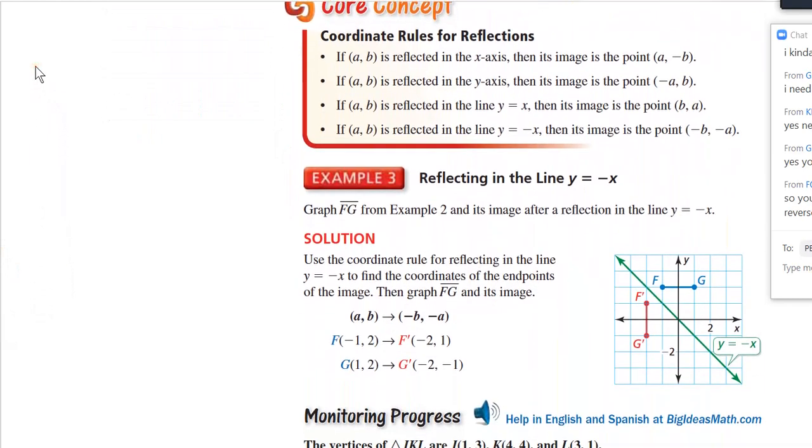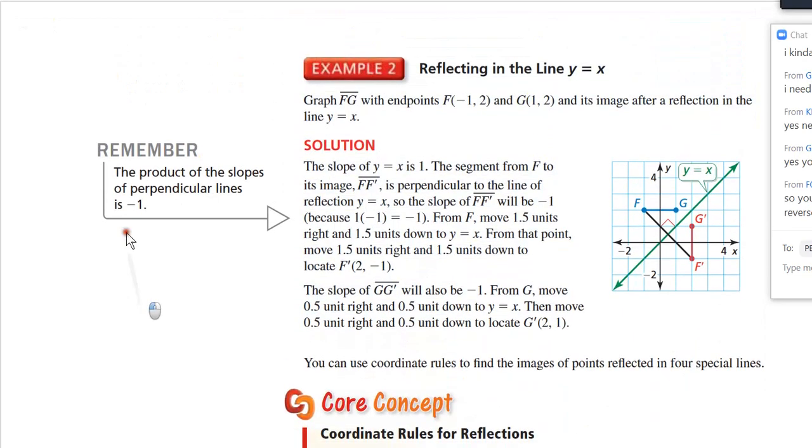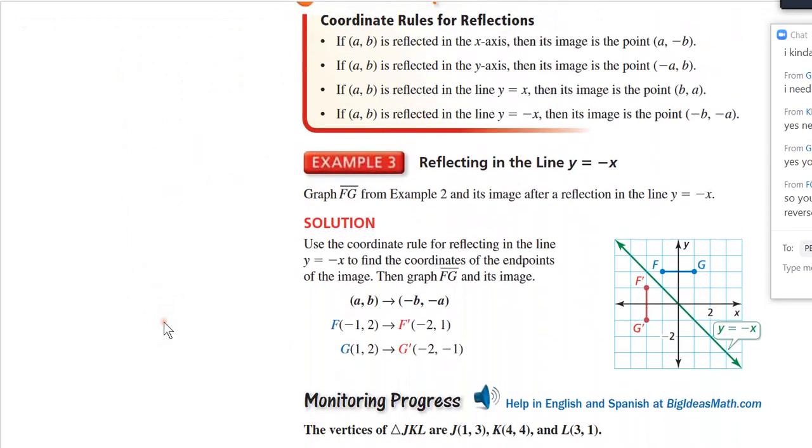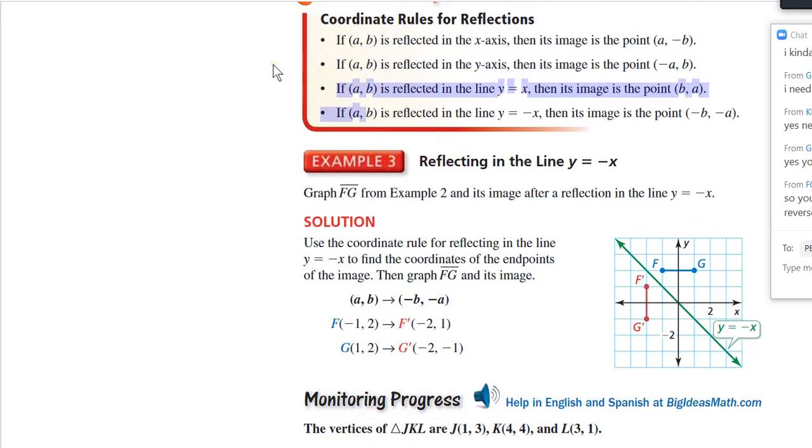So these 4 rules, and I just made an image of this, which I'm going to put up on the website. These are the coordinate rules for reflections. This is the one we were just doing. If A, B is reflected in the line y equals x, then the image is B, A.